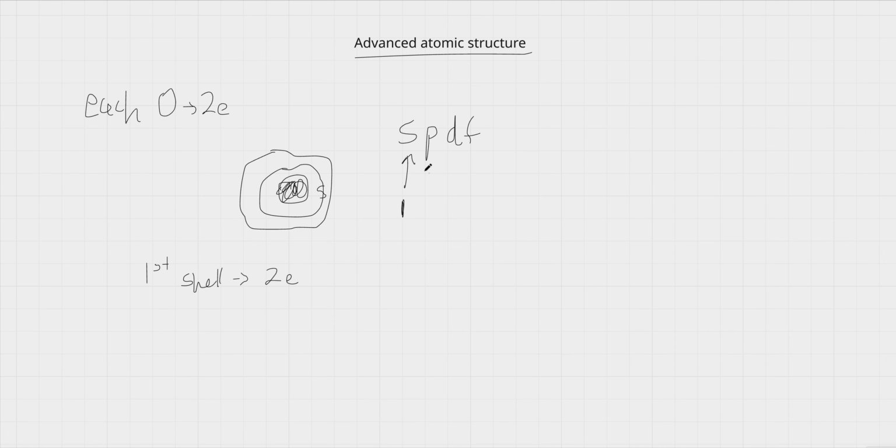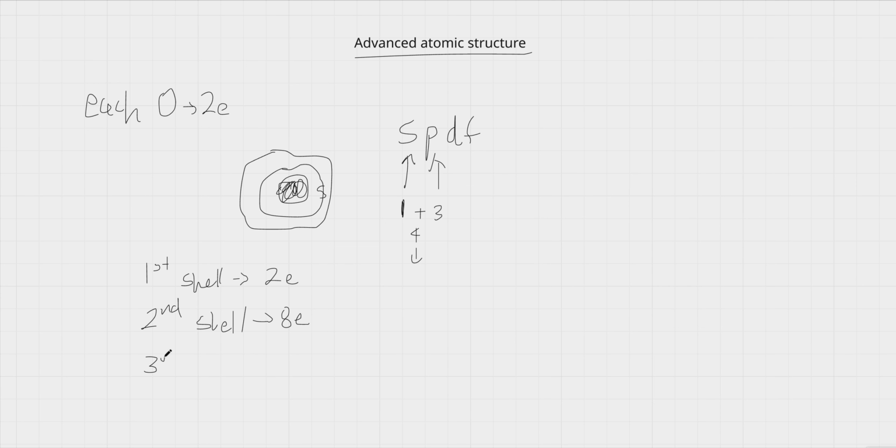That follows what we know so far. The second shell has 1 s orbital plus 3 p orbitals. So if we do some math here, 1 plus 3 is 4. So we have 4 orbitals in total, 4 orbitals and 2 electrons each. So the second shell can hold 8 electrons.